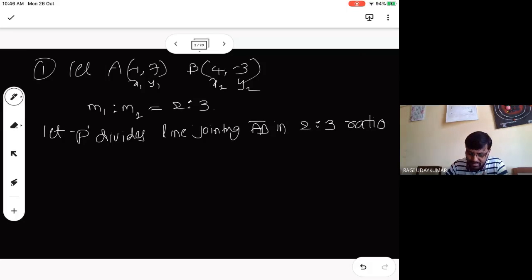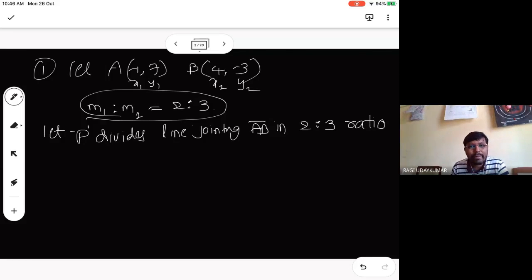Whenever a ratio is given to you, you have to remember that it doesn't mean m1 equals 2 and m2 equals 3. The ratio is 2:3: m1 is a multiple of 2, m2 is a multiple of 3. So you can consider m1 equals 2k and m2 equals 3k. But if you take 2 and 3 also, you are going to get the same answer.